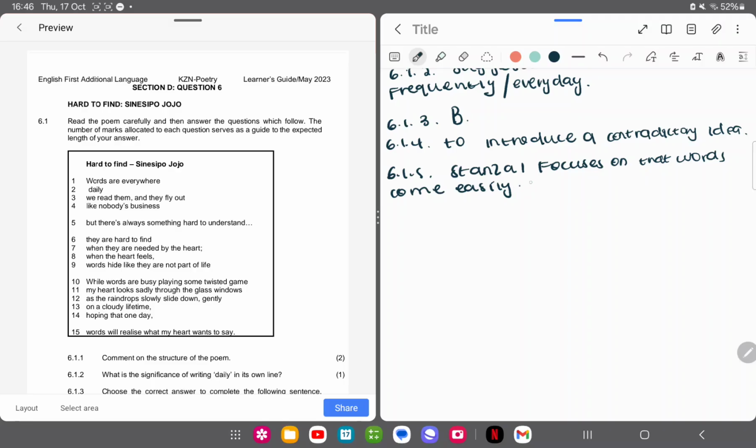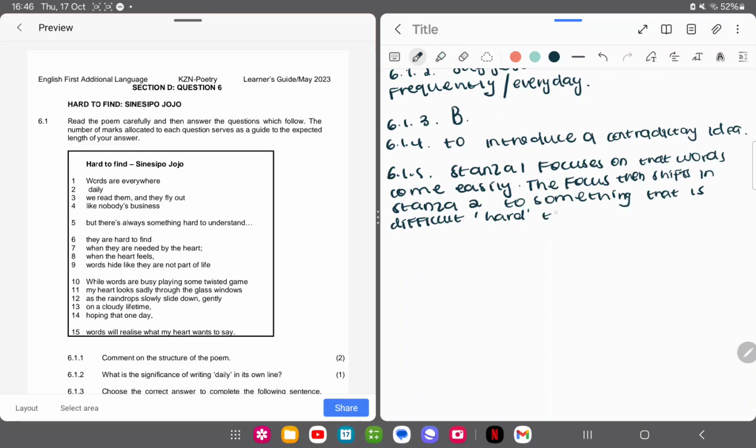And then the focus shifts in stanza 2 to something that is difficult. Let me quote, hard to understand.